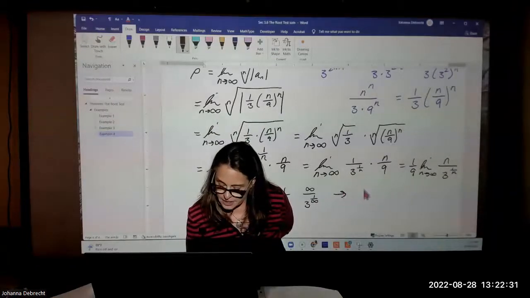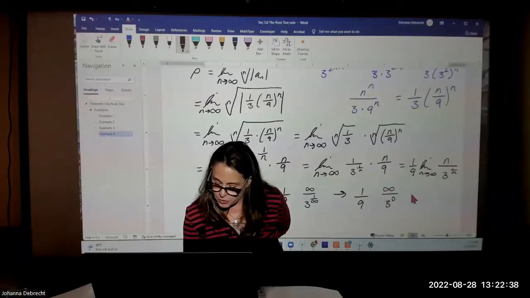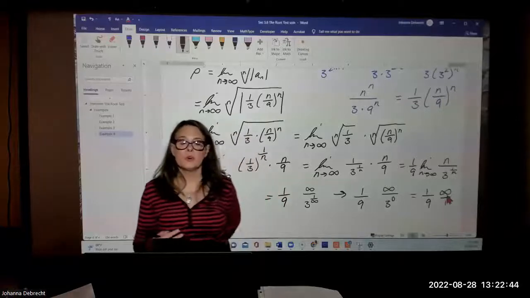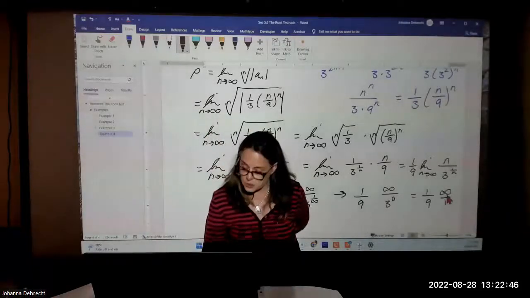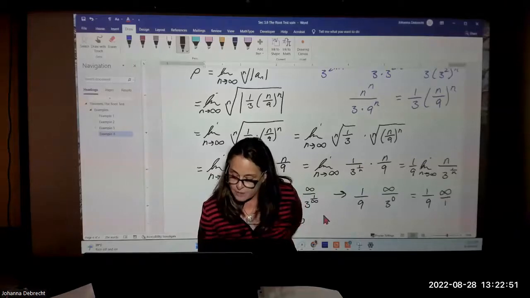So this seems to indicate that it would approach something like 1/9 times infinity over 3 to the 0, but 3 to the 0 would be 1. So this looks like it would go to infinity over 1, which of course then tells me that it goes to infinity. So I would tend to think that this must diverge.